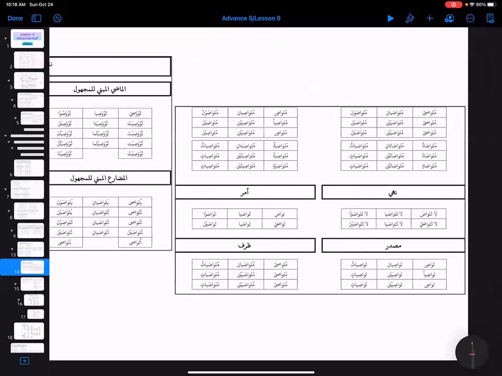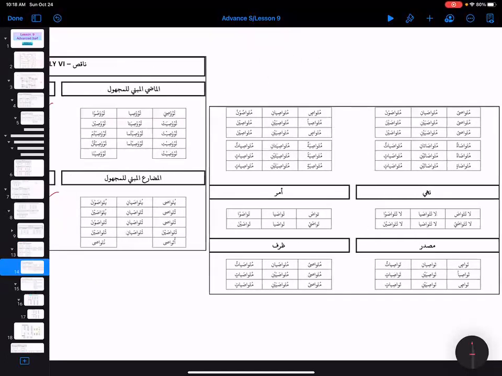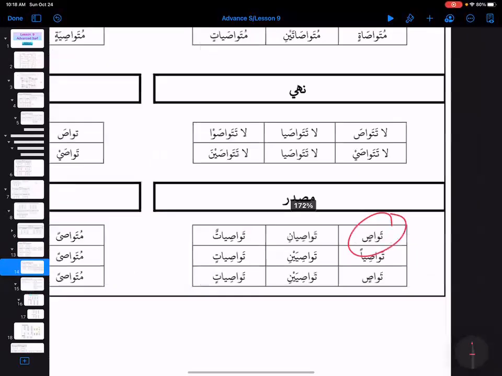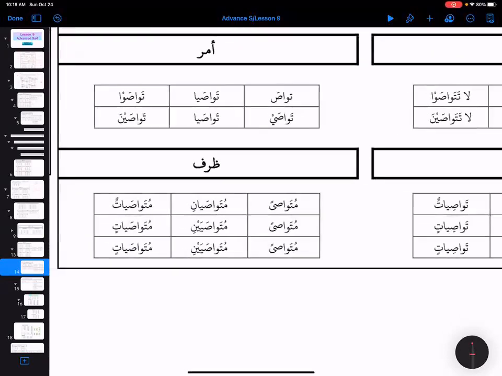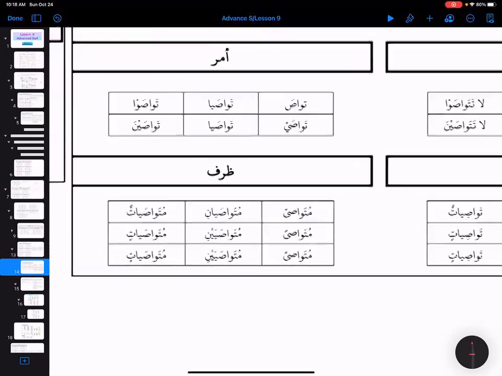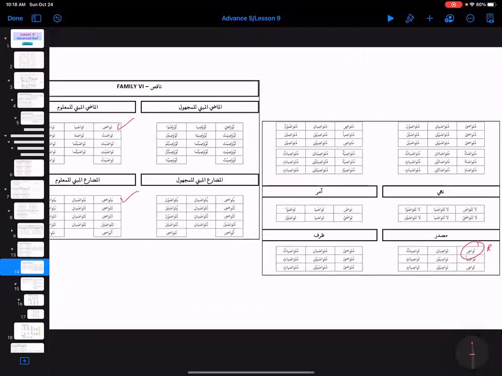Then the masdar would be tawasin. So rafa version is tawasin. And then mutawasin, ism fa'il is mutawasin.